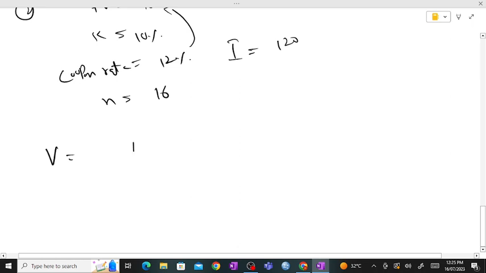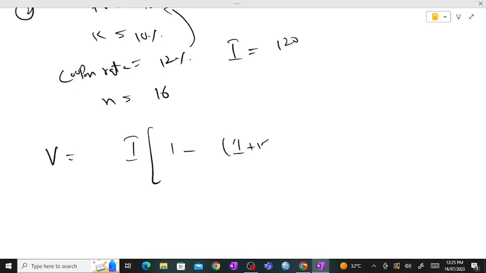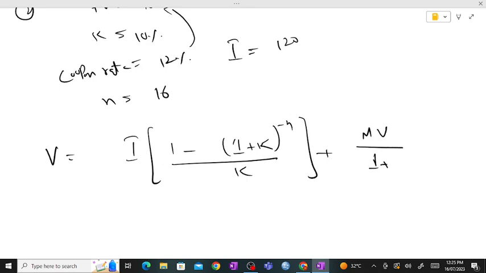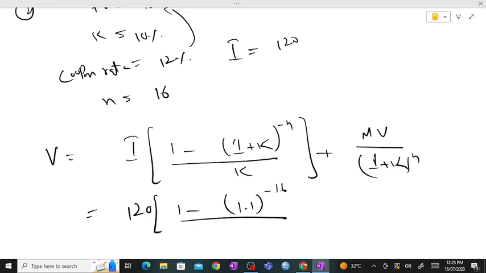What do you need to do? V = I times (1 minus (1 plus K) power minus N) divided by K, plus MV divided by (1 plus K) power N. So we have 120 times (1 minus 1.1 power minus 16) divided by 0.10, plus MV, we have 1000 divided by 1.1 power 16.